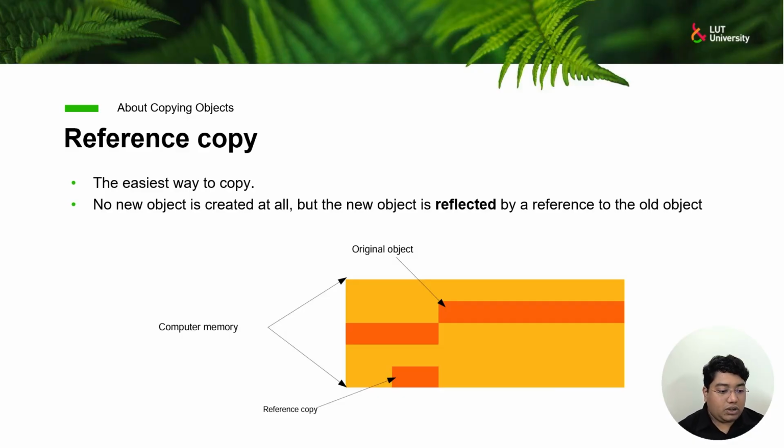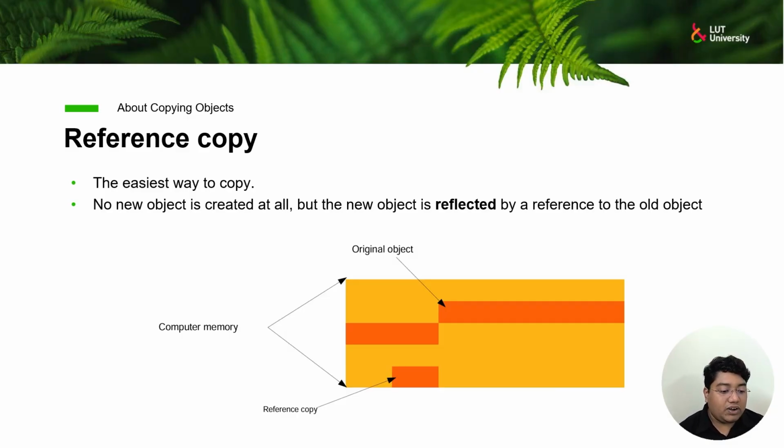It's actually a slightly misleading name because no copying happens. A reference in C++ is simply another name for an existing object. If you look at the diagram, notice that there is only one object in memory. Both names point to exactly the same thing.